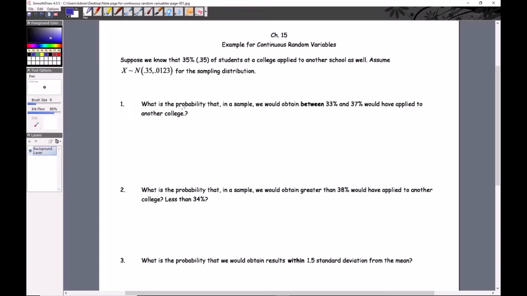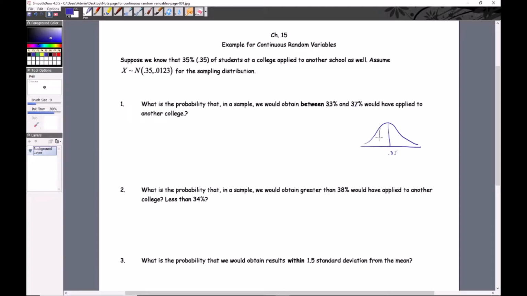So what's the probability that in a sample we would obtain between 33% and 37%? All right, so let's do this in the new way. This is going to be 0.35, and each of these is 2% away.